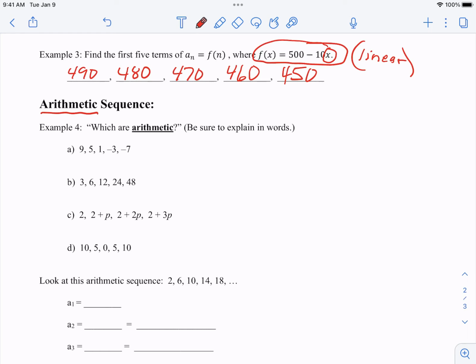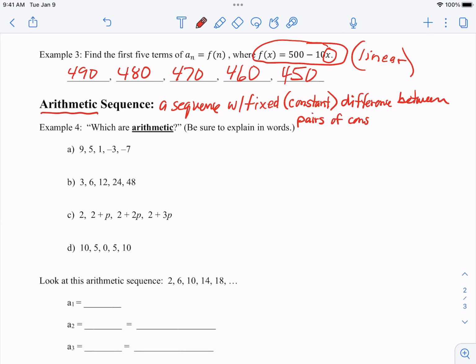So this is an arithmetic sequence, and by definition, an arithmetic sequence is a sequence with a fixed, or if that word is unfamiliar, fixed just means constant, a sequence with a fixed or a constant difference between pairs of consecutive terms. That common difference in example 3 is negative 10.